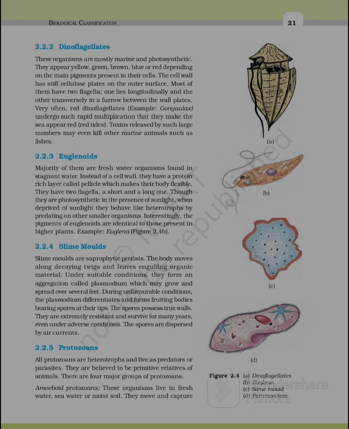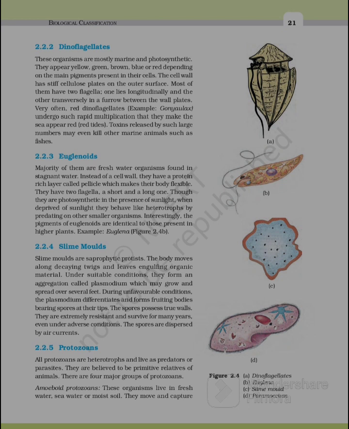Topic 2.2.3 Euglenoids. Majority of them are freshwater organisms found in stagnant water. Instead of a cell wall, they have a protein rich layer called pellicle, which makes their body flexible. They have two flagella, a short and a long one.